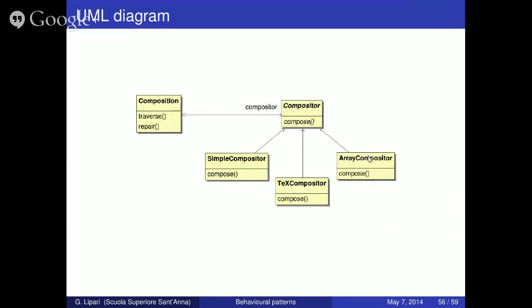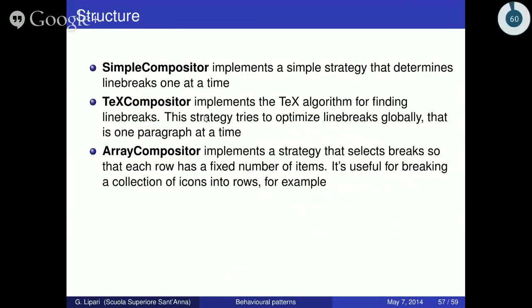So you have several algorithms that are doing the same thing in different ways. The client will have a pointer to a function object called compositor, and then this can point to a simple compositor or to a TeX compositor or to an array compositor, and you can decide which one to use at the very end, or also dynamically while the code is executing.